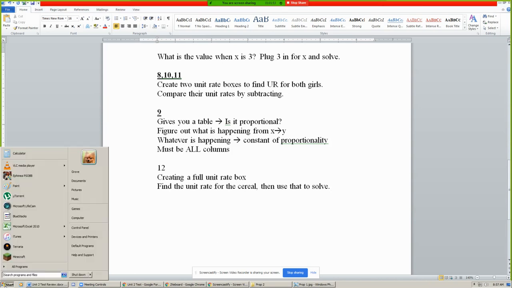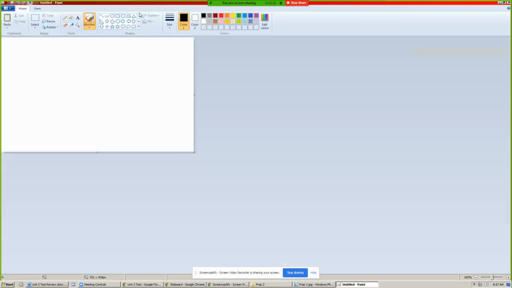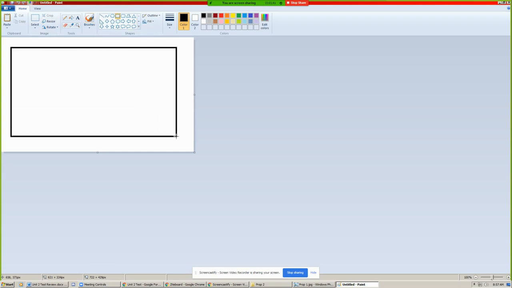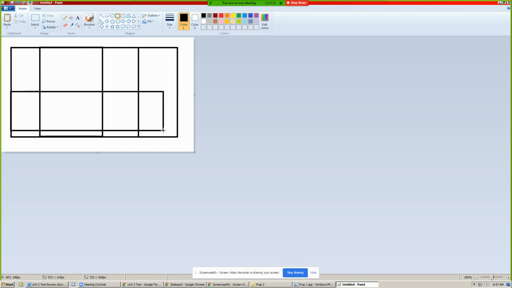So what that means, I can pull it open here in Paint so that I can paste it into this. You're going to be creating a full unit rate box, where you have cereal and you have money.